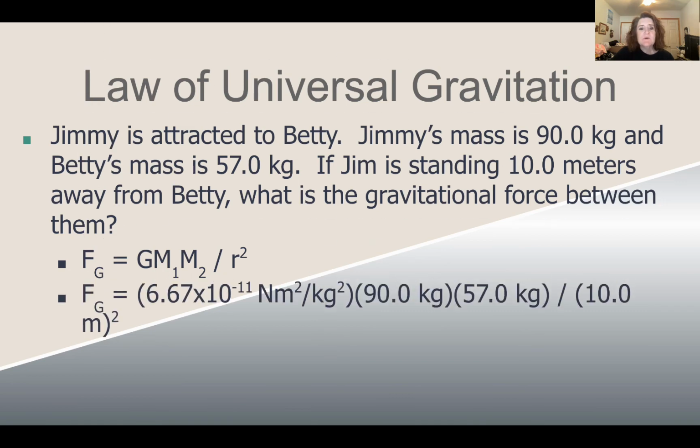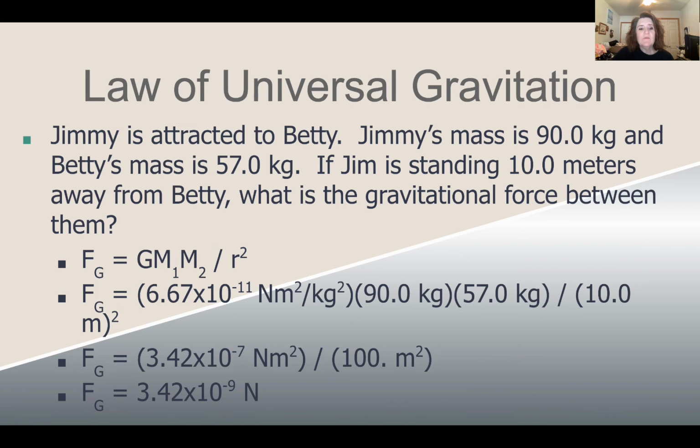Big G is 6.67 times 10 to the negative 11th. Mass 1 is 90, mass 2 is 57, divided by 10 squared, giving you a force of gravity between them of 3.42 times 10 to the negative 9th newtons.